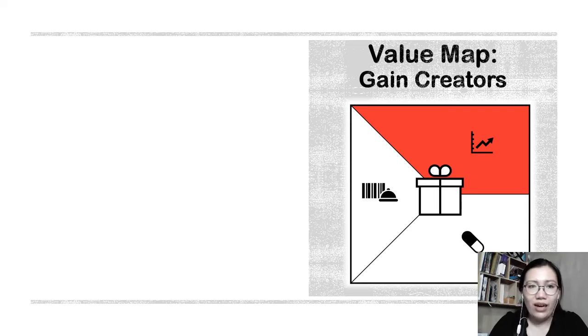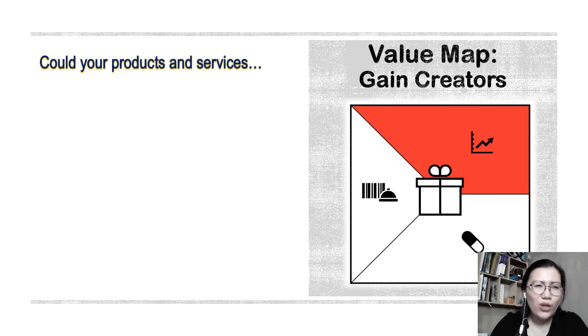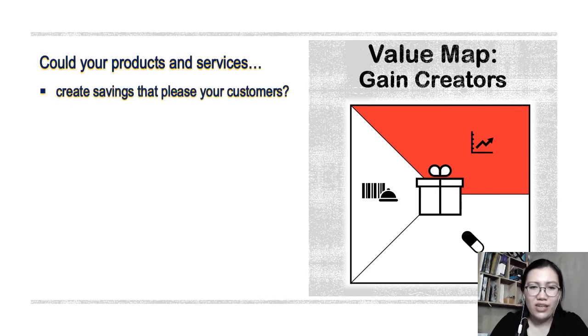Sample trigger questions can help you in thinking of different ways your products and services may help your customers obtain required, expected, desired, or unexpected outcomes and benefits. You could ask, could your products and services create savings that please your customers? It can be in terms of money, time, or effort.